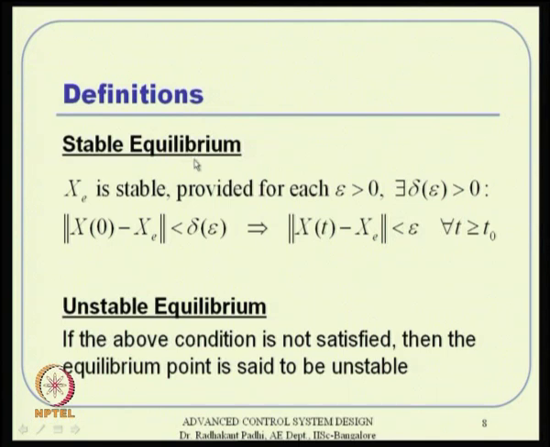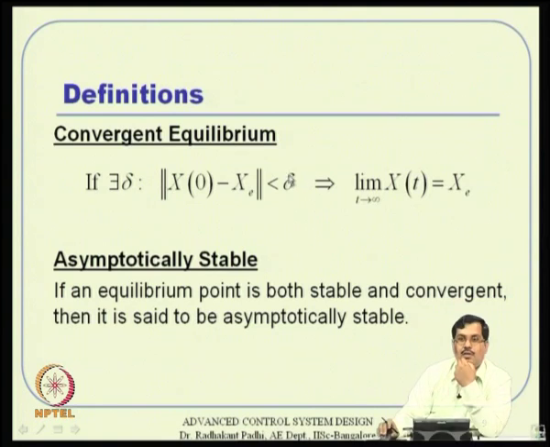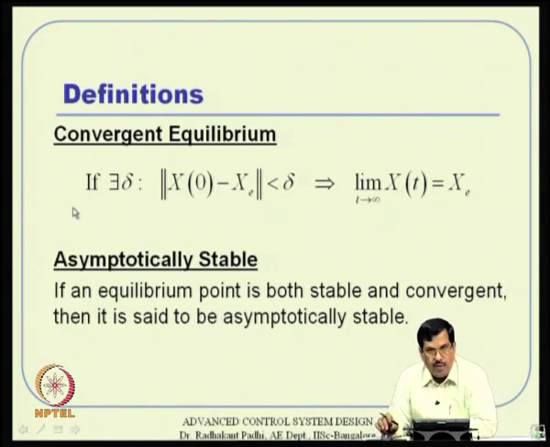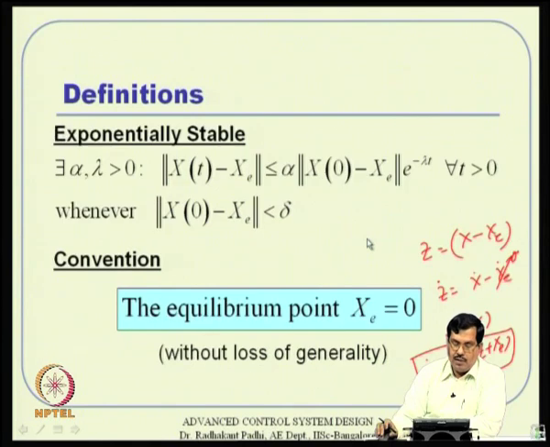Then what is called stable, what do you mean by stable equilibrium, what do you mean by unstable equilibrium, what do you mean by convergent equilibrium, that means the system trajectory ultimately comes back to the origin, in between it can deviate largely. And if it happens to be both stable as well as convergent, then we call that an asymptotically stable equilibrium point.